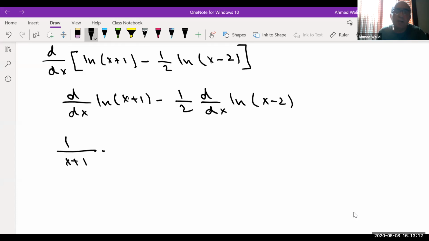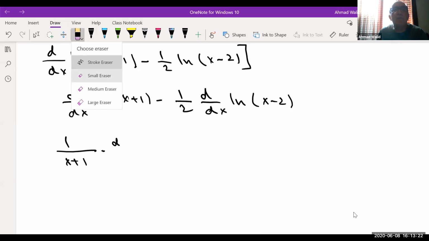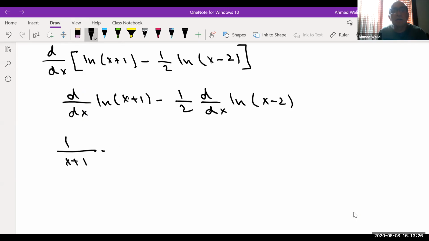1 over u, it means 1 over x plus 1 times du dx. Your du dx, or the derivative of the inside, the derivative of the inside is 1. Minus 1/2 d dx of ln x minus 2. It means 1 over x minus 2 times the derivative of the inside, which is again 1. Let's simplify.